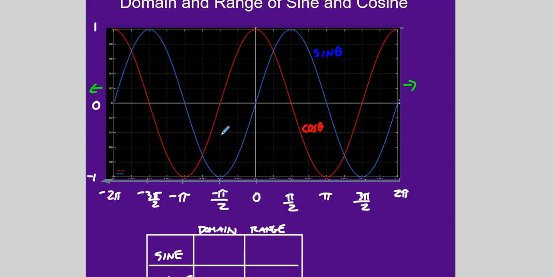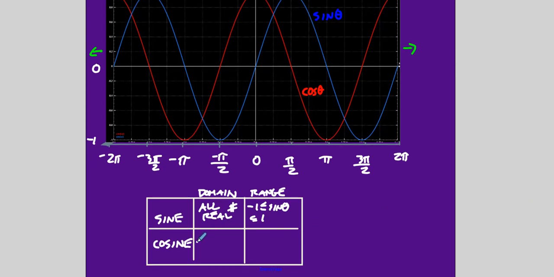And the range is between -1 less than or equal to sine theta less than or equal to 1. Well, it turns out cosine is going to be the exact same thing. It's also all real numbers for the domain, and the range is going to be the same as for sine.